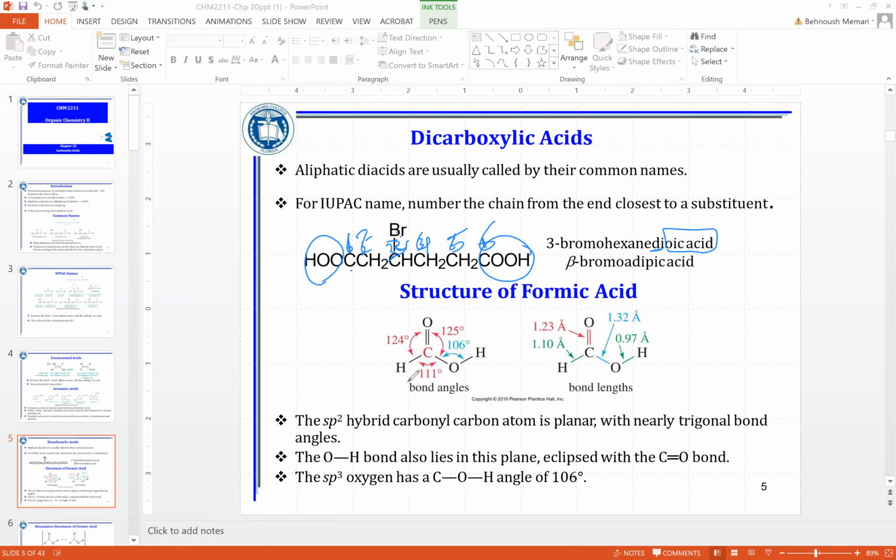The bond angle is about 120 because it's sp2, and the bond length is 1.23 angstrom, and that is for the carbon-oxygen double bond. So we have sp2 for carbon, but sp3 for the oxygen.